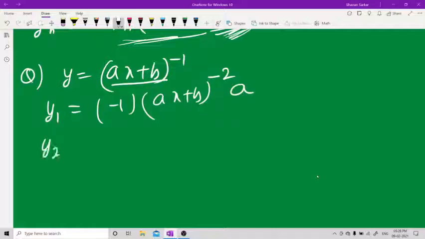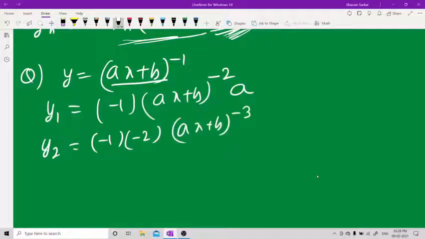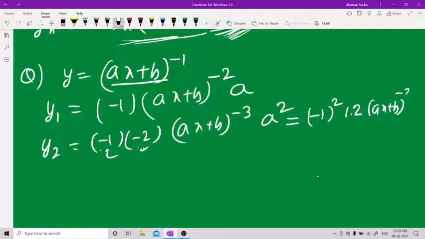Now y2, right? Minus 1, minus 2, (ax plus b) to the power of minus 3, a square. Now this can also be written as, look, this minus and this minus, so minus 1 squared, 1 into 2, this 1 and this 2, then (ax plus b) to the power of minus 3, a square.